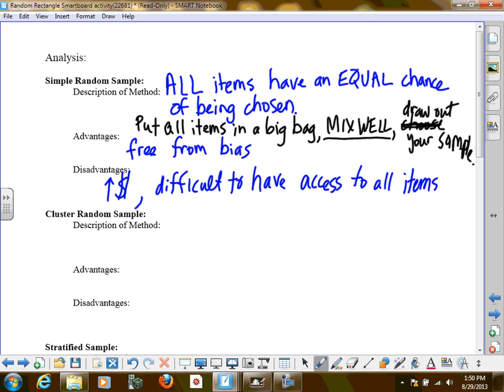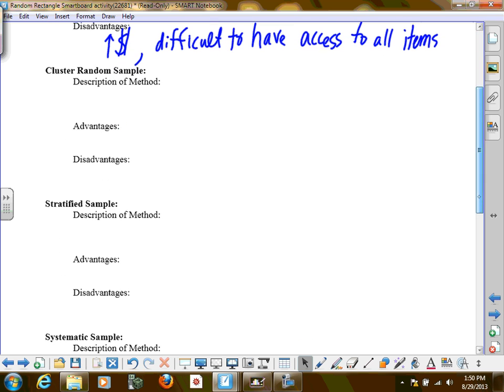If I want to put everybody in the United States' phone number in a big bag and then draw whatever out of it, that's hard to do. That's a difficult thing to have access to, so I don't think I could do a simple random sample of that.